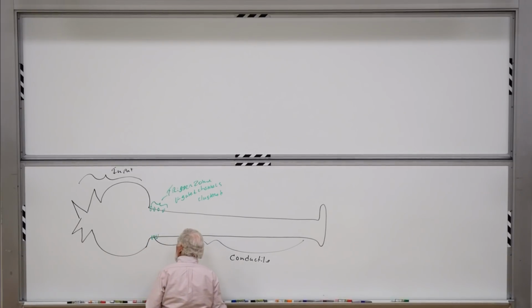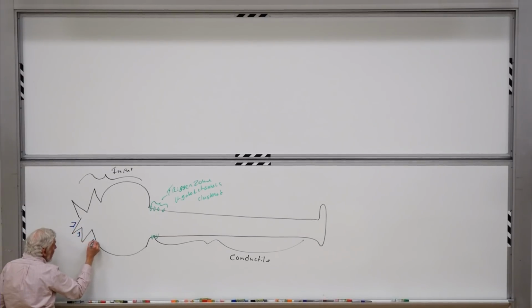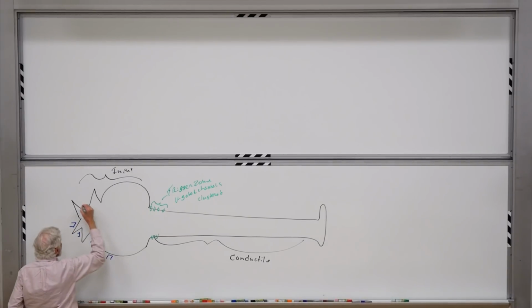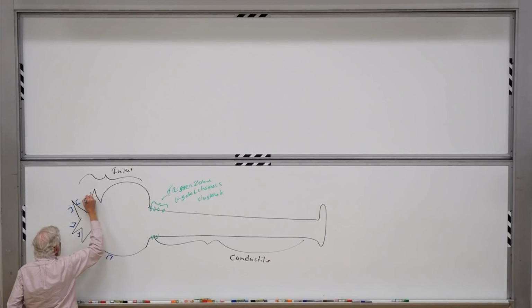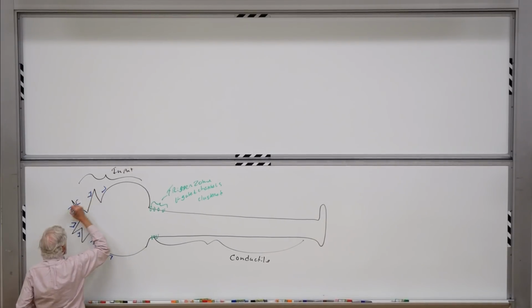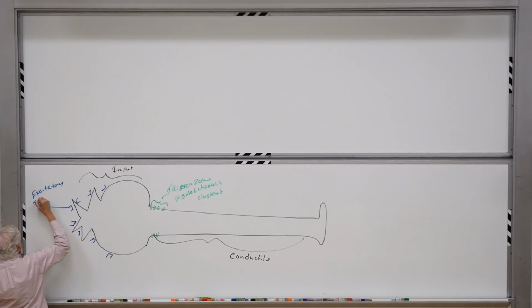And then we emphasized that all over this input region, there may be hundreds, or more likely thousands, of these output regions of other neurons. And in blue, we described these as excitatory synapses.